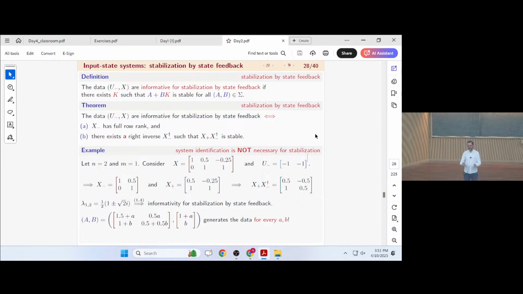And we have also the deadbeat controller story. Okay? Now I'm going to do something that unifies all these three: stabilization, pole placement, or the deadbeat control. Okay? Something more general.